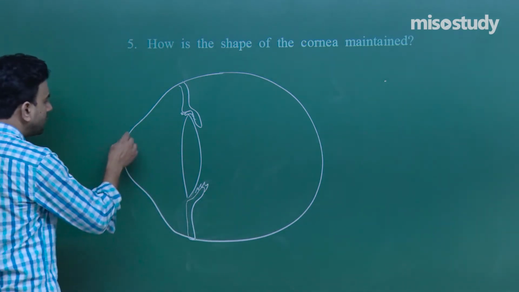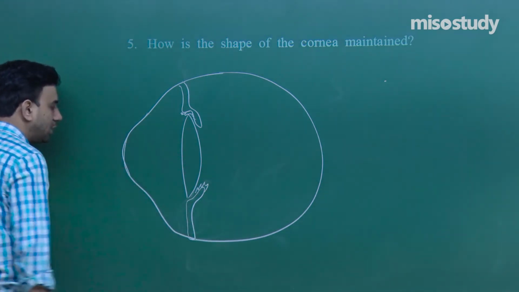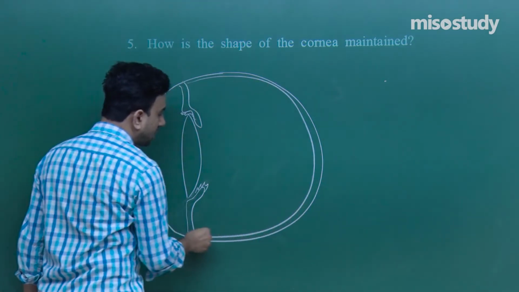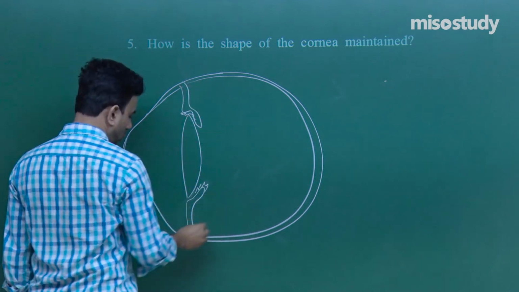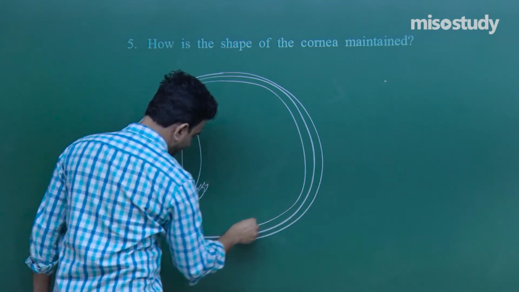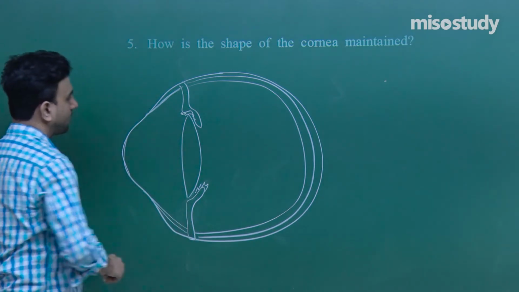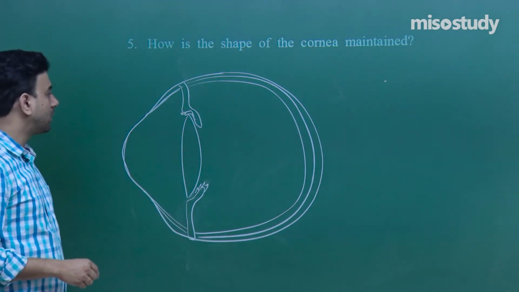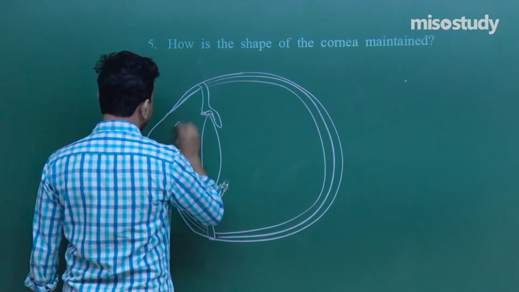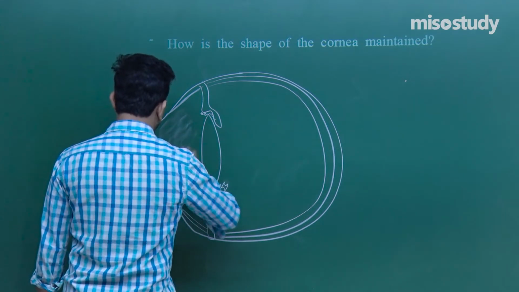Right, and then here we see this part is bulging out forming the cornea, and then the choroid, the sclera, the choroid and the retina will be present all over the eye.